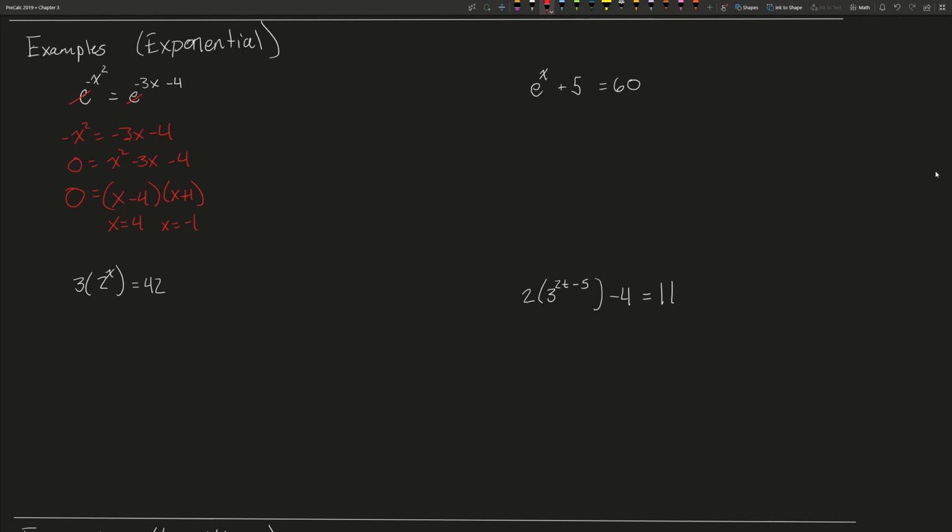The other way to do this is to use the inverse property. In order to do that, we want to take the log base e in order to get rid of the e's on the inside. So we take the natural log on both sides.